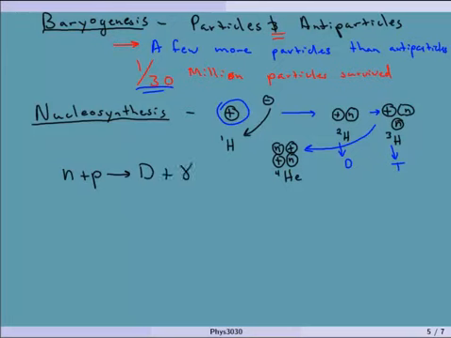Remember, gamma is just a photon of light. Okay, and then once I get a couple of these deuterium around, I can get 2 deuterium. That'll give me a tritium, and a proton, and again some more light.